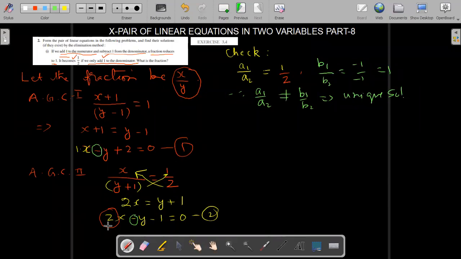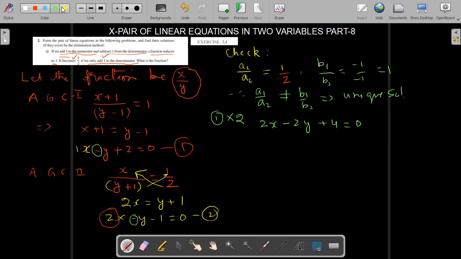The coefficient of x is 2 in equation number 2. So equation number 1 multiplied by 2, and second, no need to multiply it. The coefficient of x will become equal: 2x minus 2y plus 4 is equal to 0.